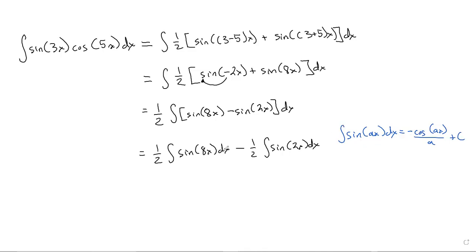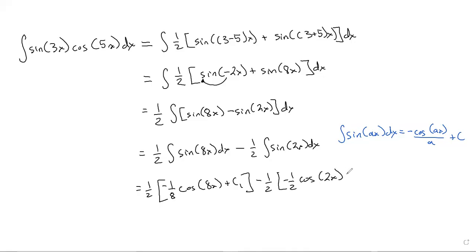So we're going to use this formula for these two. And we have 1/2 times the quantity negative 1/8 cosine 8x plus c1, then minus 1/2 times negative 1/2 cosine 2x plus c2.